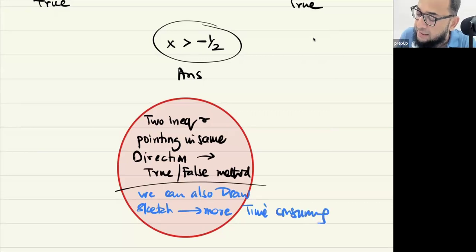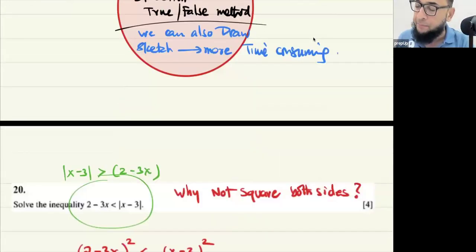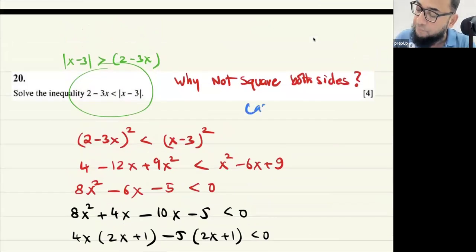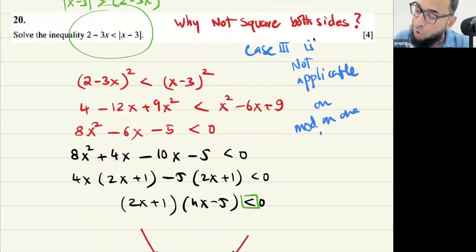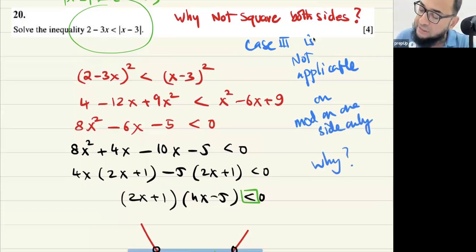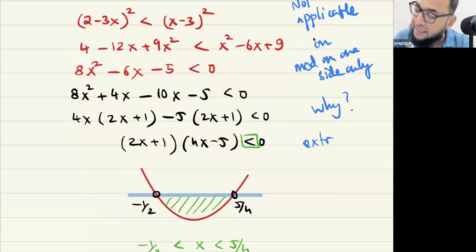And that is why the correct rule is that case 3 is not applicable on modulus on one side only. Why? Because it might give us an extra solution which does not exist.